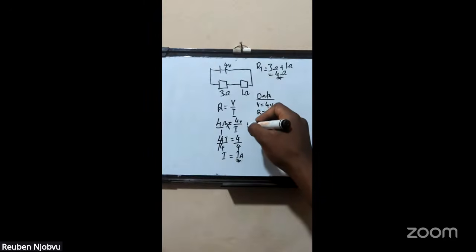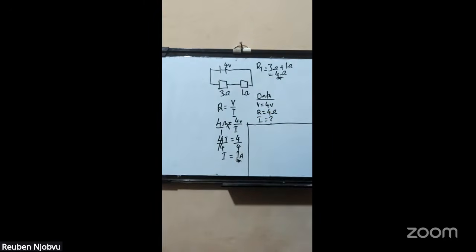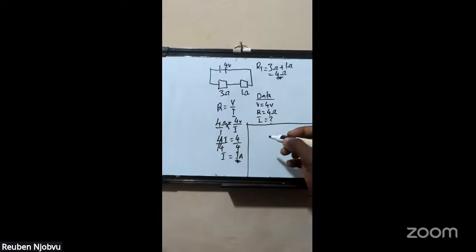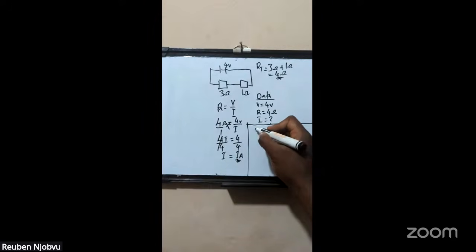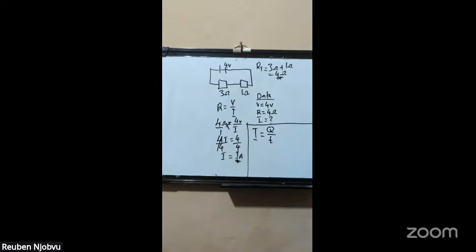Question 2 was asking you to find how long it will take a charge of 2 coulombs. The formula for current is current equals charge over time, right?